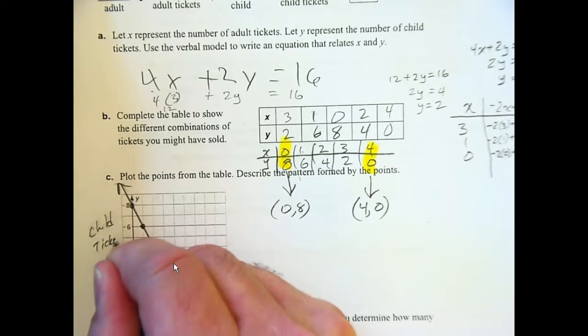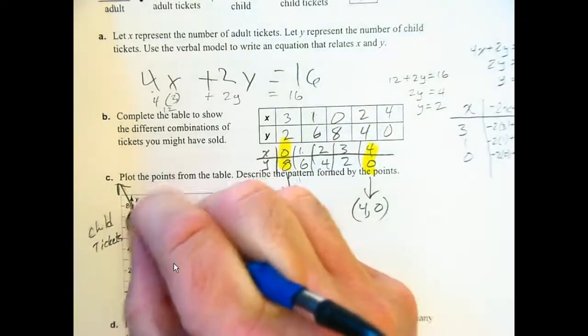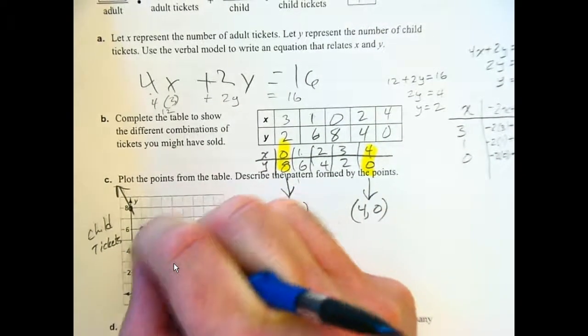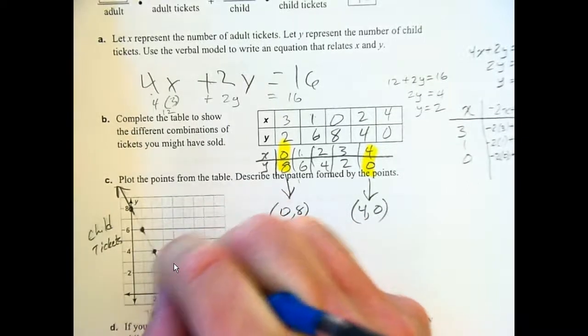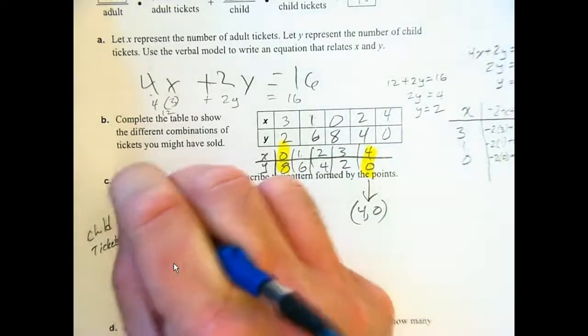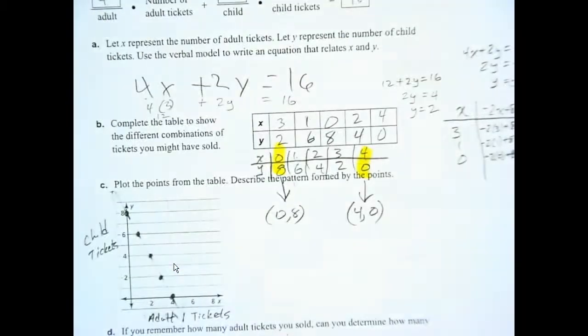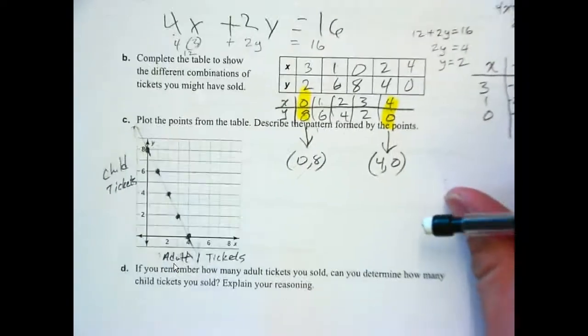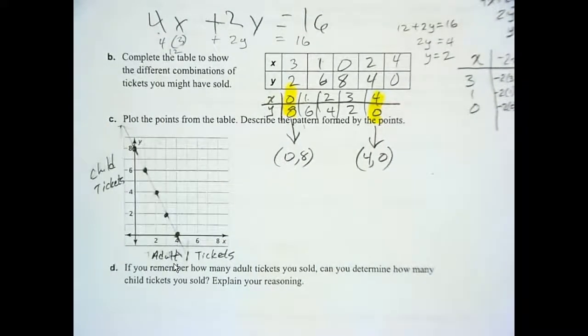All right. So we have to erase all this stuff in between because you can't have partial tickets. You can't sell partial tickets. Very good. Well, I guess you could tear them apart, but you can't sell them that way.